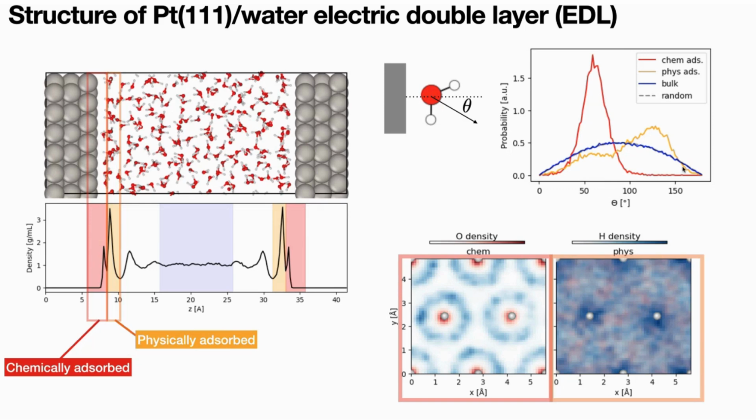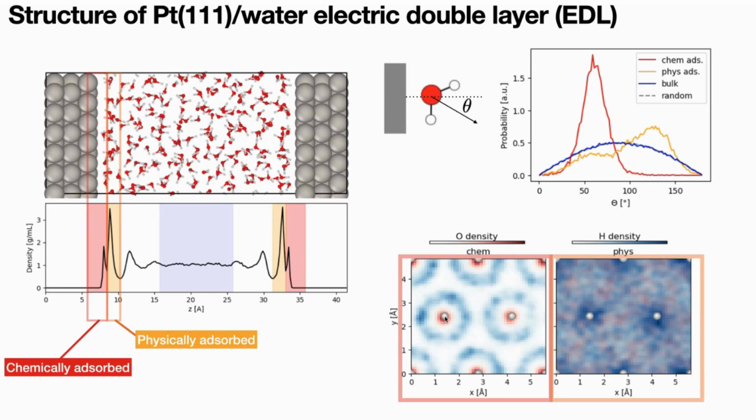In the bulk, it essentially forms a random distribution, but on the surface, the water is highly orientationally anisotropic. And we can also investigate the water density distribution on the surface. Here is just a density map. In the chemically absorbed layer, the oxygen, the red here, is essentially directly sitting on top of platinum.